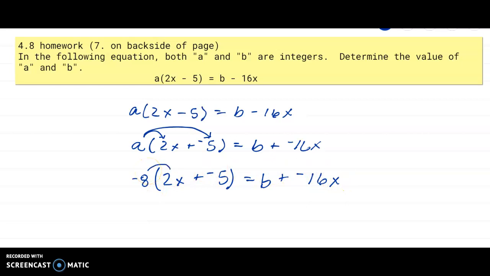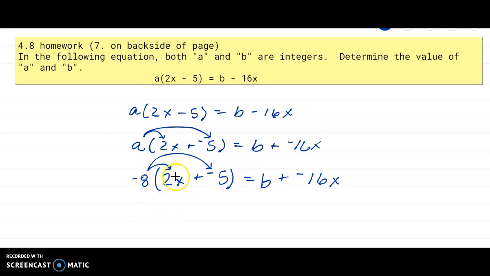Let me see. Negative 8 times 2x, does that equal negative 16x? Yes, it does. So then let me multiply negative 8 times negative 5. Negative times a negative is a positive. So that means that b would have to equal positive 40. Let me just do that right down here.